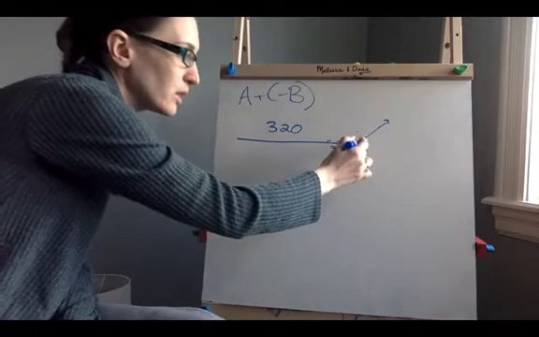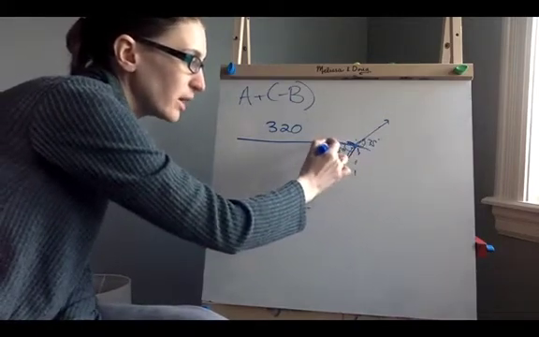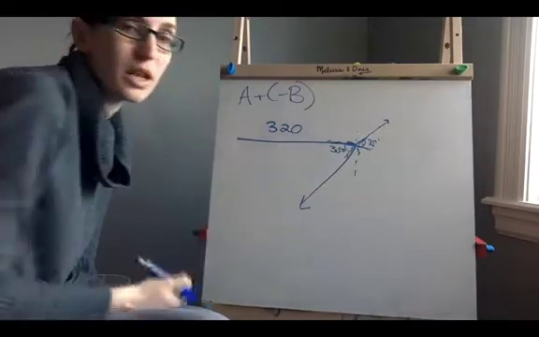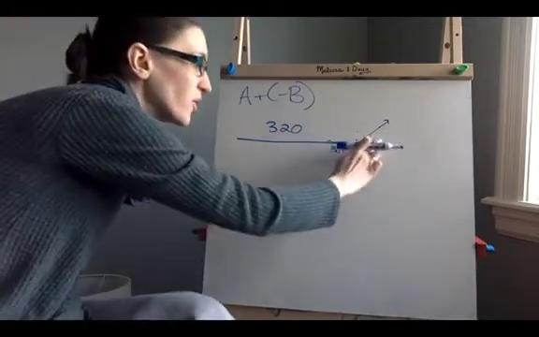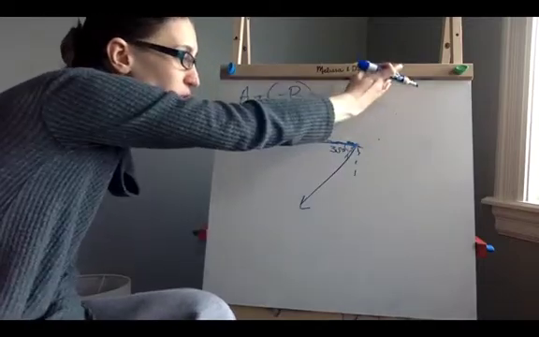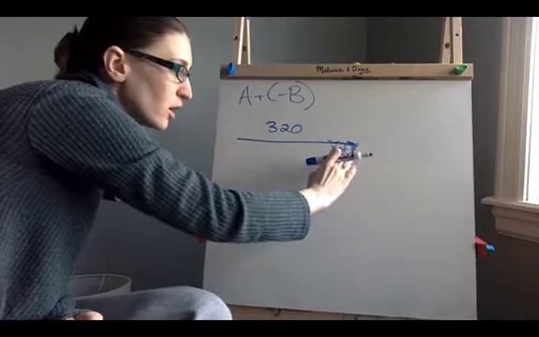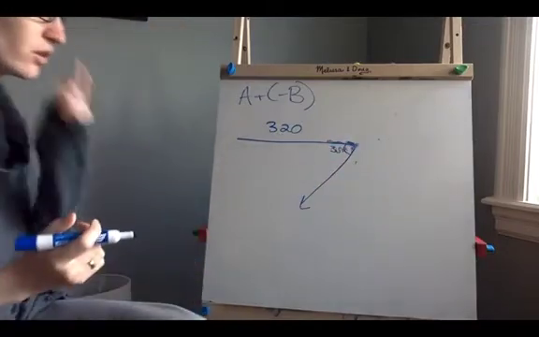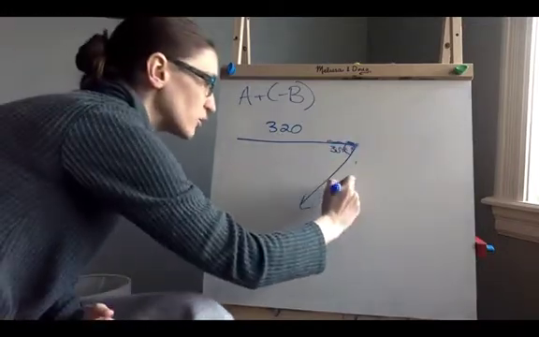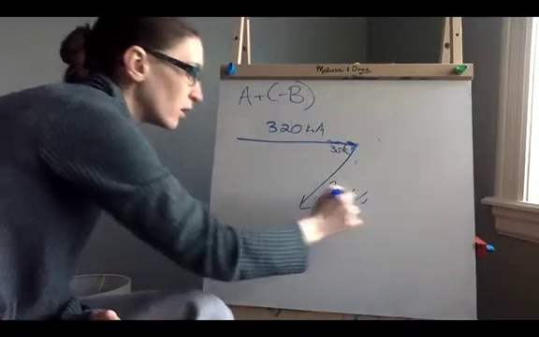Because that would have been the east 35 degrees north here, and this is just, again, opposite angles, right? If these kind of made an X, opposite angles are the same, okay? So that's where we end up, right? Because we're adding the opposite. So instead of going east 35 degrees north, we're going west 35 degrees south, right? With that angle there is my 35 degrees, and then there's my 240 value. These are in kilometers per hour.